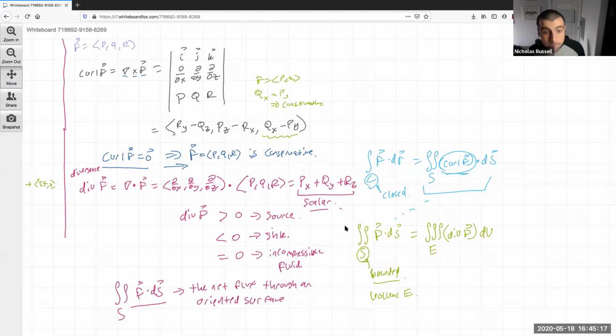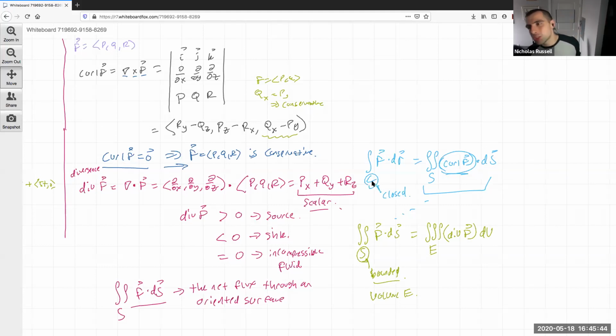Good question, though. Could you technically use Stokes' theorem and then use the divergence theorem, because they're both like flux integrals? Yes. So the thing is, it is extremely rare, and I actually cannot think of an example at the moment, where you are able to have a curve that is the boundary.